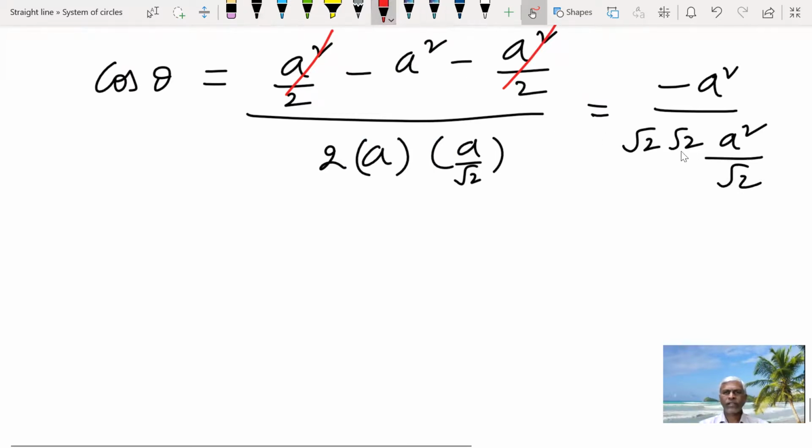So 1 root 2 will get cancelled, and a square also will get cancelled.